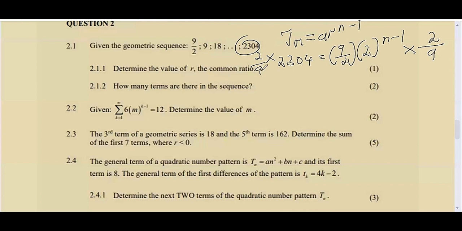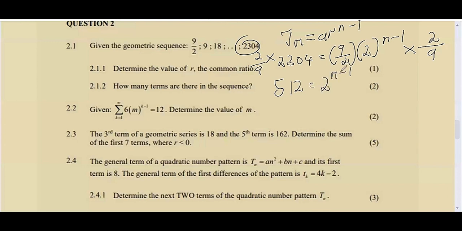So if we multiply 2,304 by 2 over 9, this gives us 512, right? So we have 512 is equal to 2 to the exponent of n minus 1.